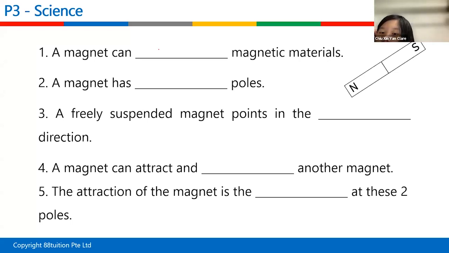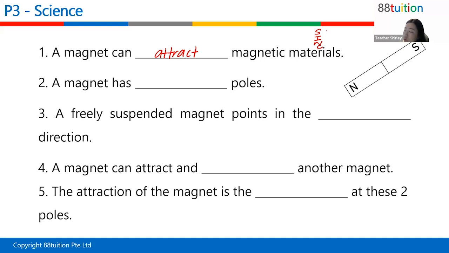Attract. Very good, Claire. Well done. A magnet can attract magnetic materials, and by magnetic materials, we mean steel, iron, nickel, or cobalt. Now, next question. A magnet has how many poles, Brenda?